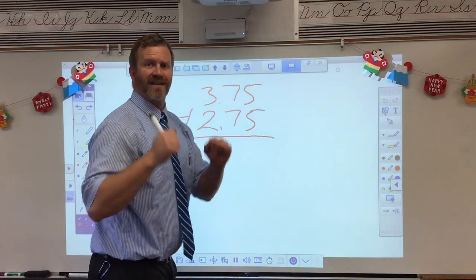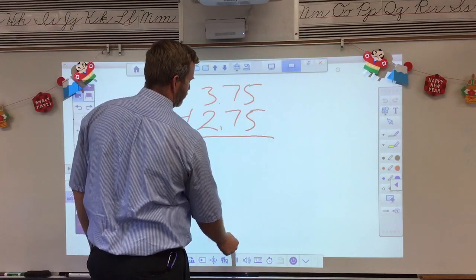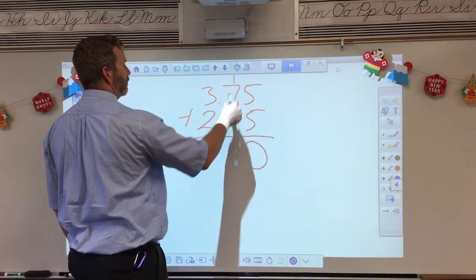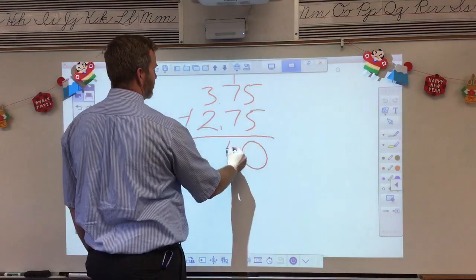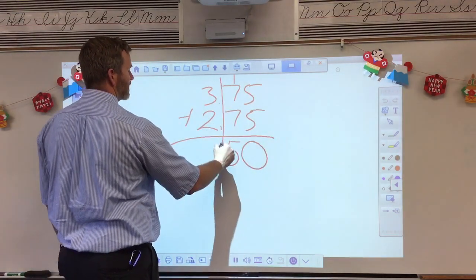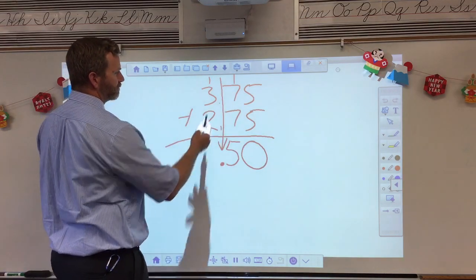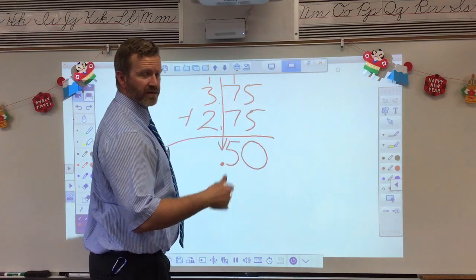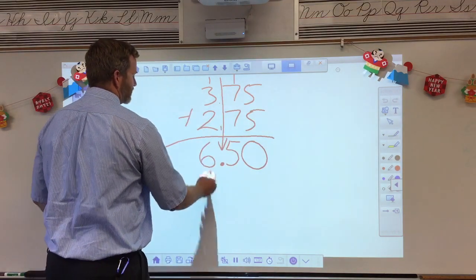So we get a 0 there, carry that 1. 7 plus 7 is 14, 14 plus 1 is 15. We bring that decimal straight down and carry a 1. 3 plus 2 is 5, 5 plus 1 is 6. So there's our 6.